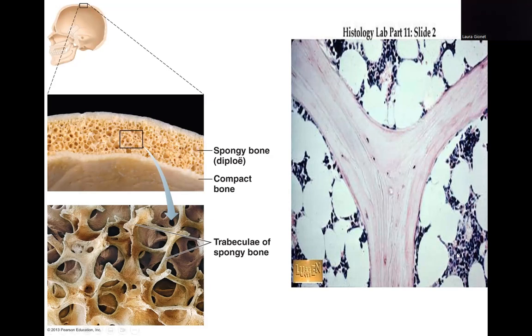Found between them, you see the dark purple granular material? That is the red bone marrow. And the other pale staining big cells there are fat cells, adipocytes. It's very common to find that in between the trabeculae of spongy bone. So the two components of the spongy bone are the light pink Y, that's the trabeculae, and the purplish-green material of red bone marrow.